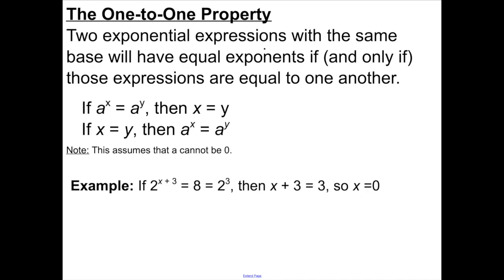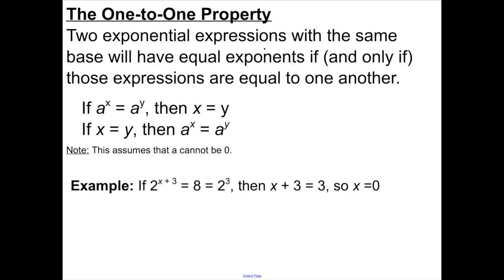All right. So the basic idea that allows us to solve exponential equations is called the one-to-one property. So the one-to-one property says that two exponential expressions with the same base will have equal exponents if and only if those expressions are equal to one another. Okay?